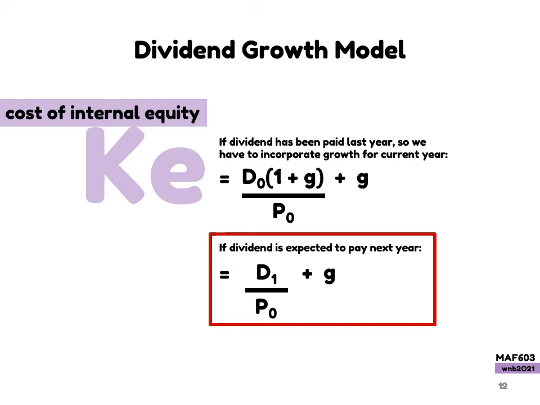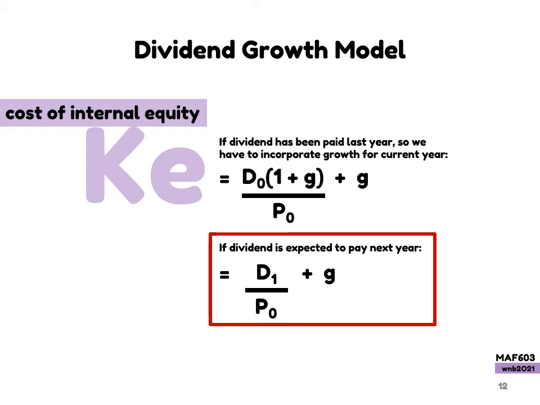From the previous slide, we rearranged it so we get KE, the cost of internal common equity, equals D0, the dividend, multiplied by 1 plus growth, divided by the market value of share, the price here, plus G. G is growth.